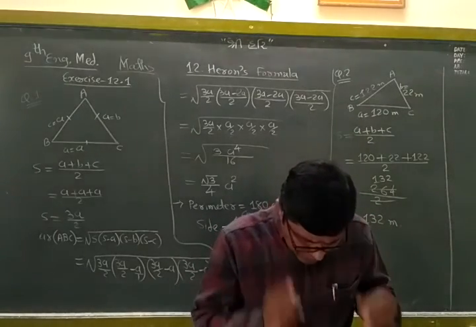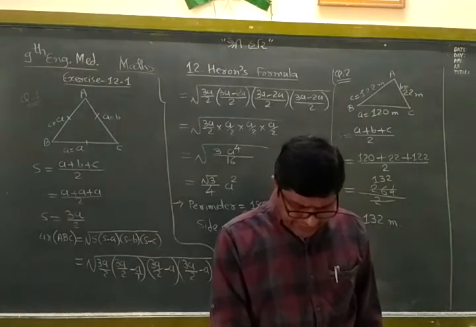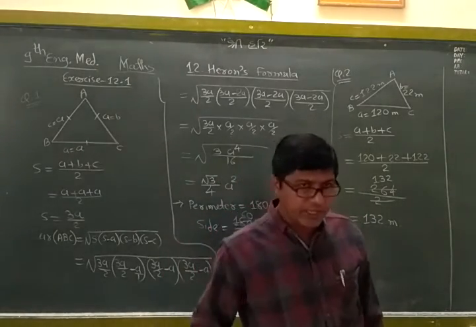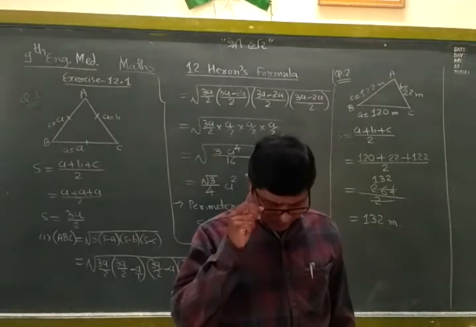Now here we want to find the area. Why? Because 1 meter square is 5,000 rupees as given here.